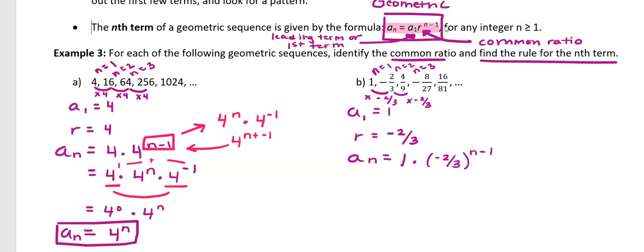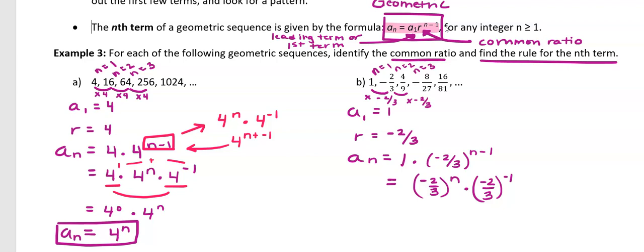Using the exact same idea that we did before, we're going to break up that exponent into multiple pieces. So I really don't need the 1 anymore. So I'm just going to write negative 2/3 to the n times negative 2/3 to the negative 1 power.